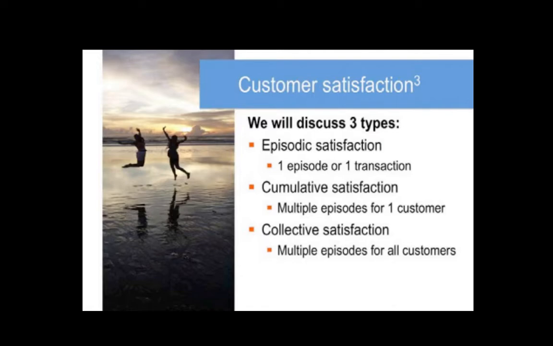For example, the same person goes back to Bonds to purchase more socks and then goes back again and buys more. And collective satisfaction is a collection of customers with cumulative satisfaction. For example, all customers keep returning to Bonds to purchase socks is considered collective satisfaction.